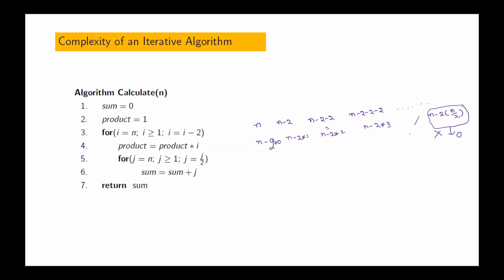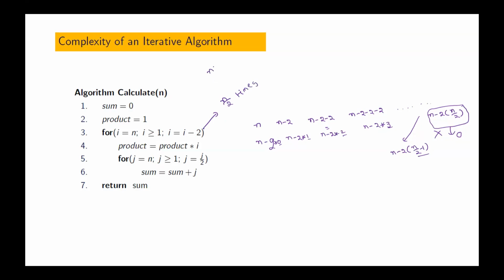That means up to which condition does it work? n minus 2 into n by 2 minus 1. So how many times did we repeat? 0 to n by 2 minus 1 means n by 2 times. So this loop is repeated n by 2 times.